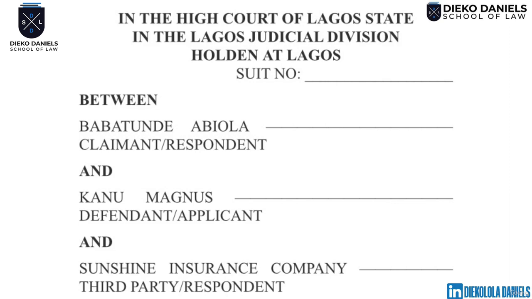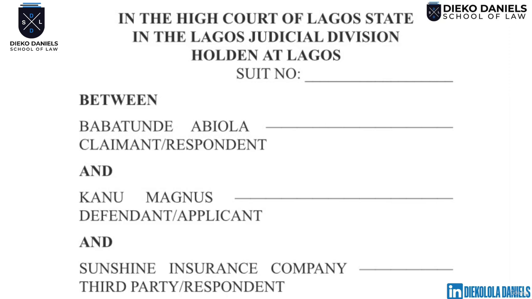So in this case, the person that can be the applicant for this application for third-party proceedings can only be the defendant. The claimant cannot be an applicant, and I've explained that already. It can only be the defendant, and in this case, we have claimant/respondent and defendant/applicant.